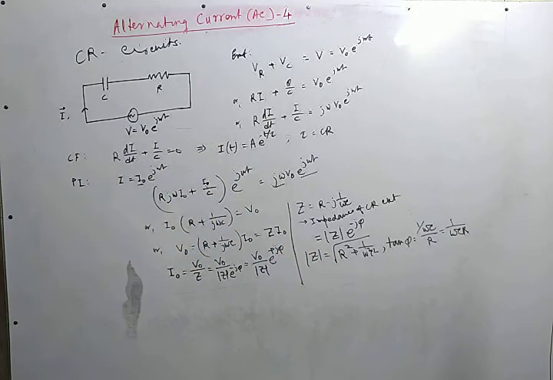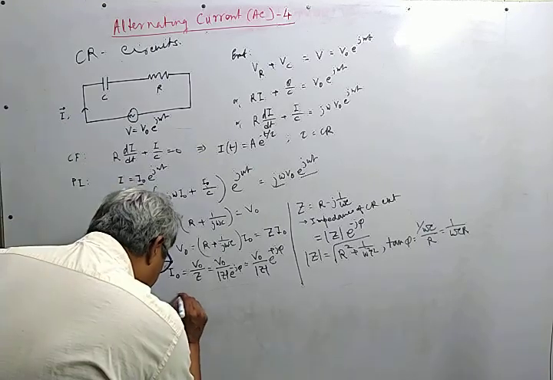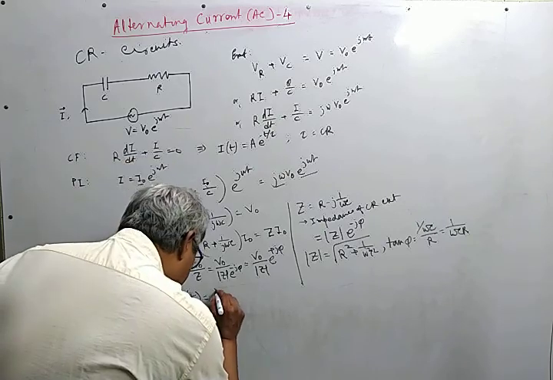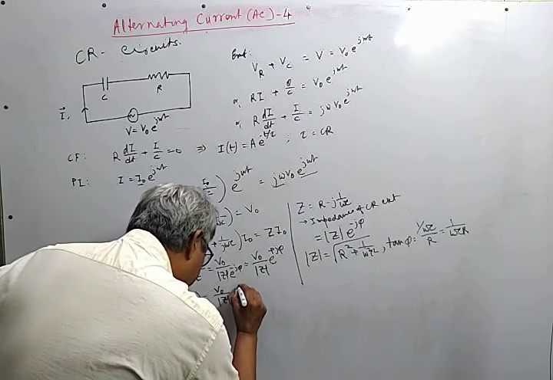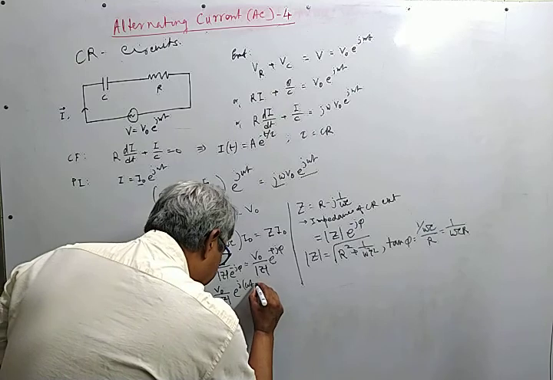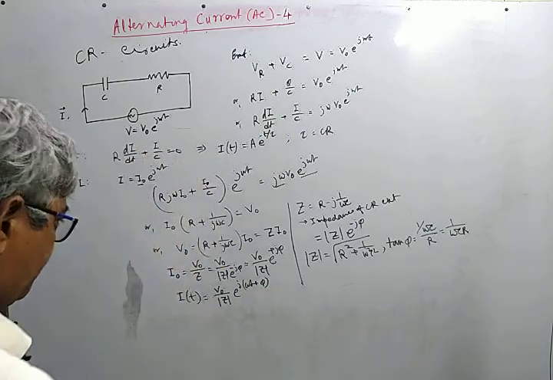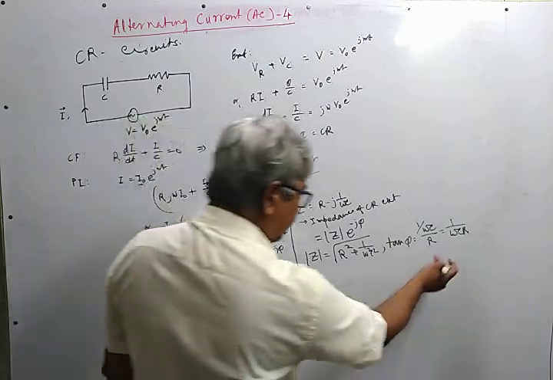This is the expression in terms of peak voltage and peak current, and then the instantaneous current is given. So we see that the current leads over the applied voltage by a phase angle phi, which is governed by this.